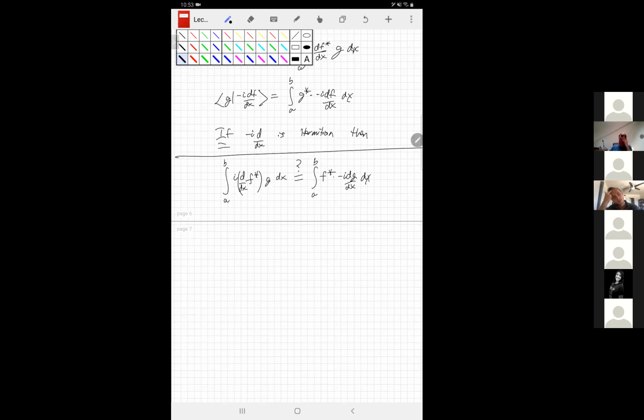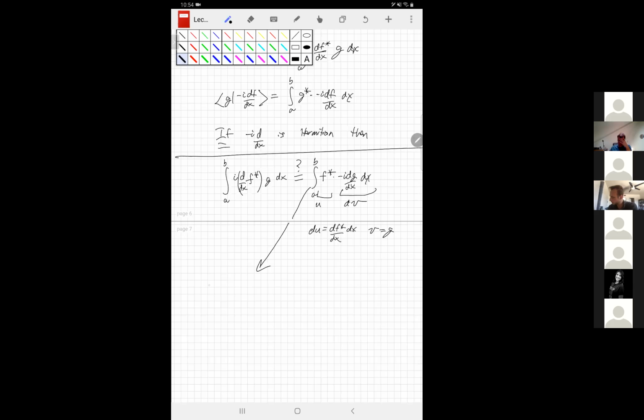Well, we're going to use our favorite tool. We're going to use integration by parts. I'm going to work on this side. I'm going to call this u. I'm going to call this dv. So then du is df star/dx times dx, and v is equal to g, and the minus i is just a constant, right?